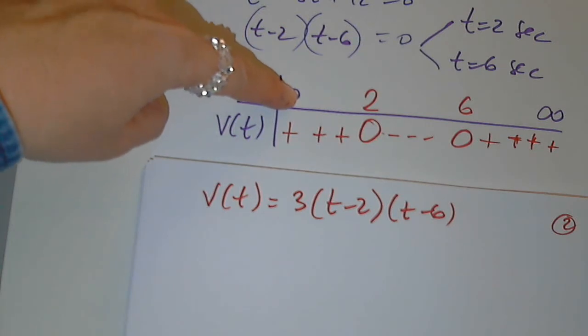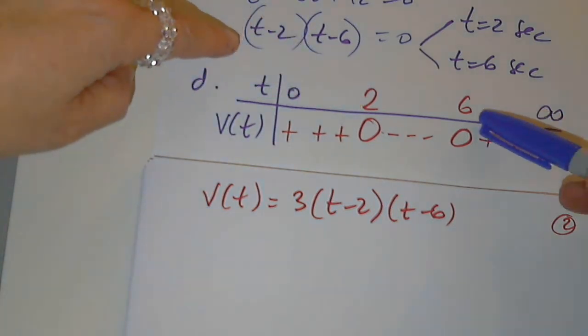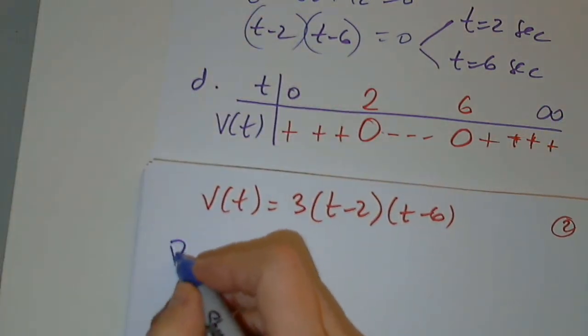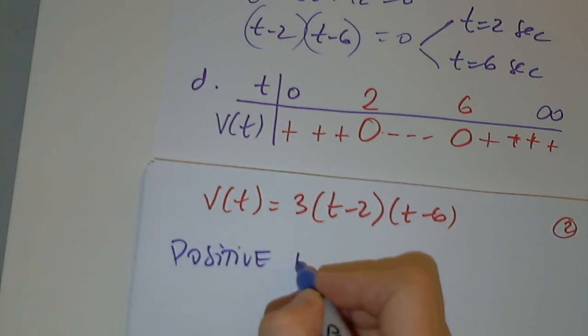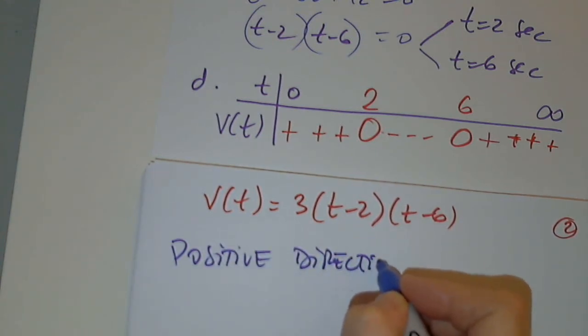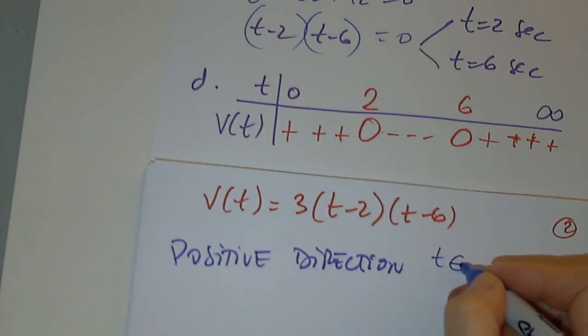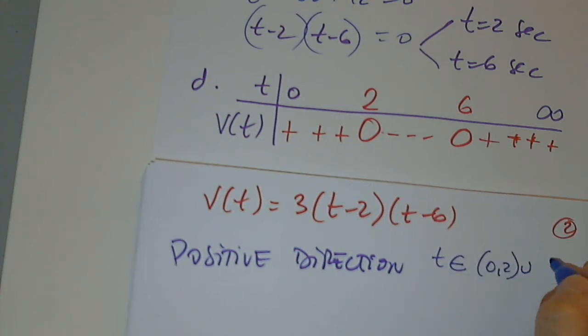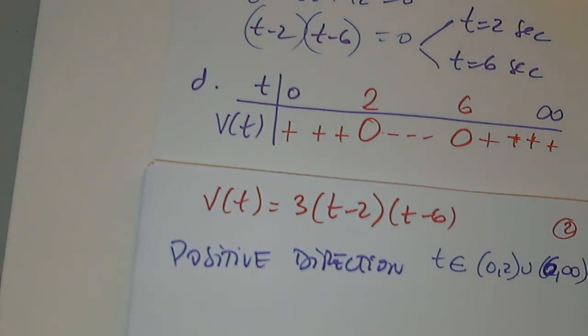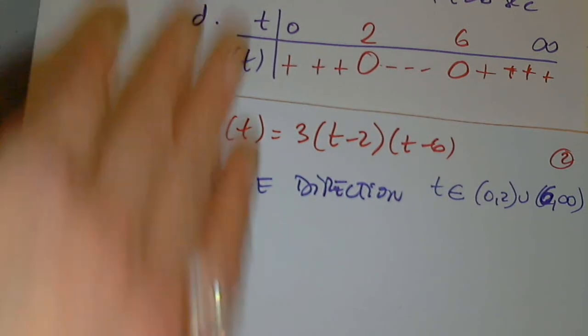Oh wait, between 0 and 2, and 6 and 8. Exactly. So positive direction for t in the interval 0 to 2, union 6 to infinity.